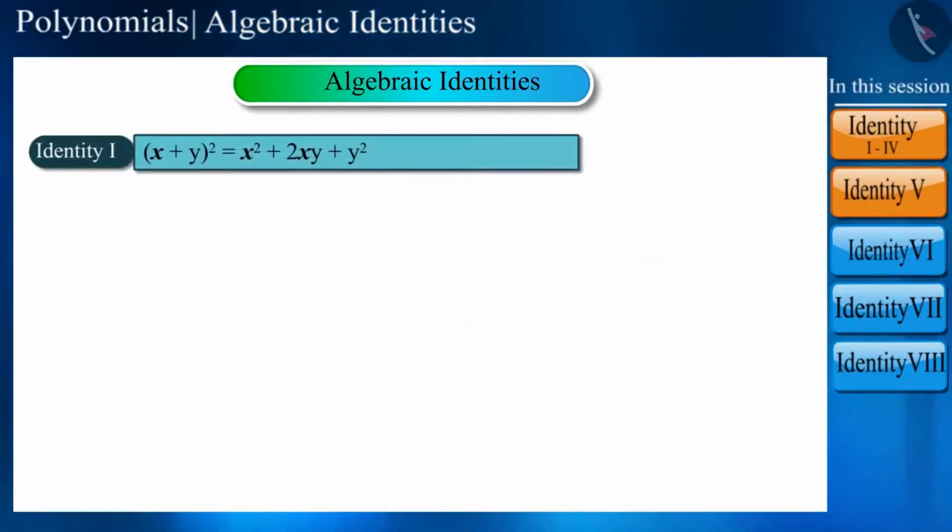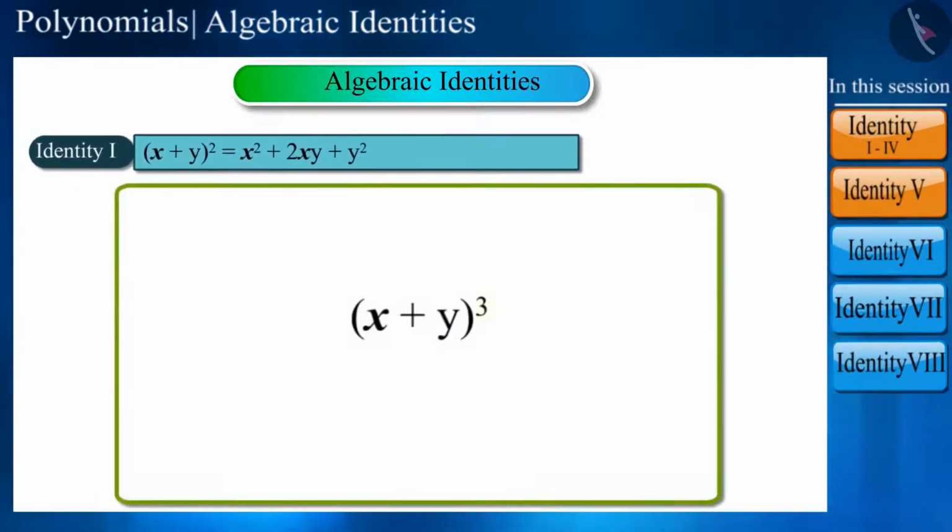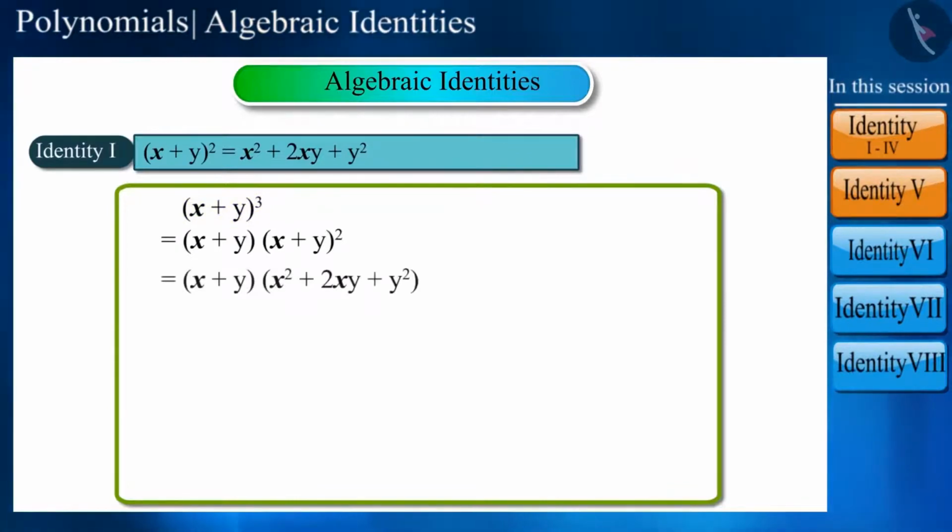Just like we learned how to derive the identity of the square of a trinomial from the square of a binomial, we will now learn to derive the identity of a cubic polynomial from a quadratic polynomial. So let's compute (x + y)³ by applying identity 1. We can write (x + y)³ like (x + y)(x + y)², which becomes x(x² + 2xy + y²) + y(x² + 2xy + y²).